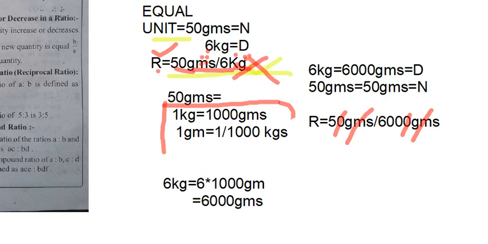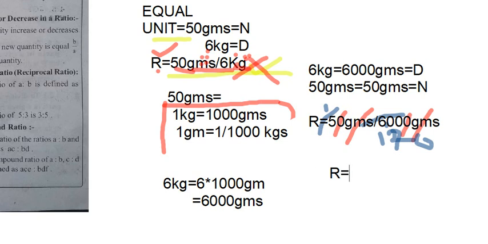Yes. 5 ones are 5, 5 twos are 10, and this is 0. So finally I got that my ratio is equal to 1 in the numerator and 120 in the denominator.